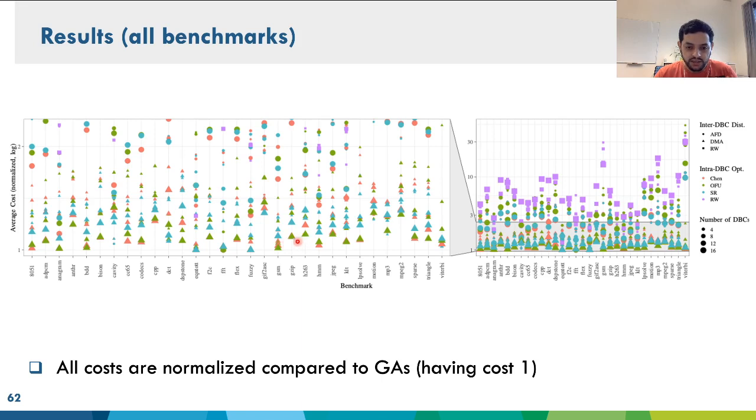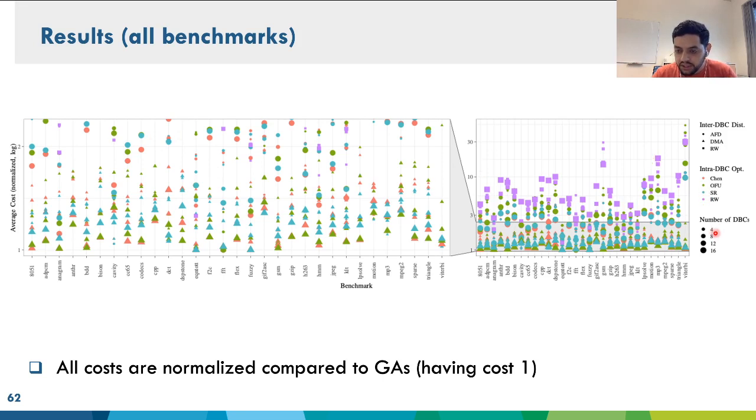If you look at the triangles, they are closer to the GA, and if I look at the circles, in almost all cases, let's just pick one of them, the first circle appears here, and all of the rest are outside the zoomed version, right? So they are above.